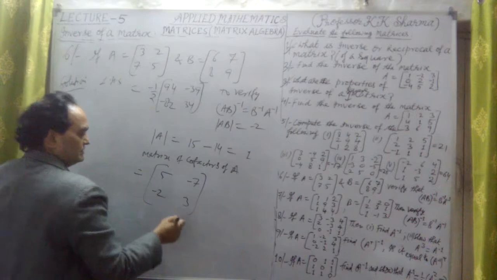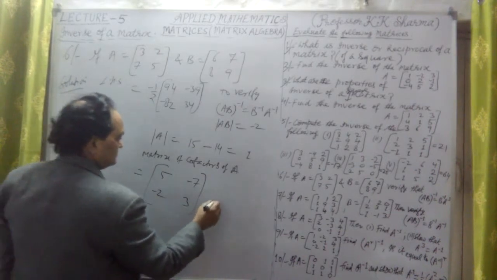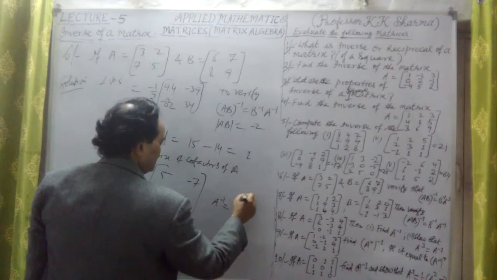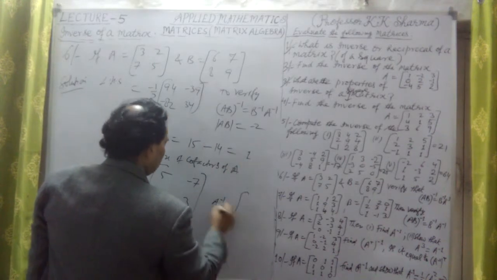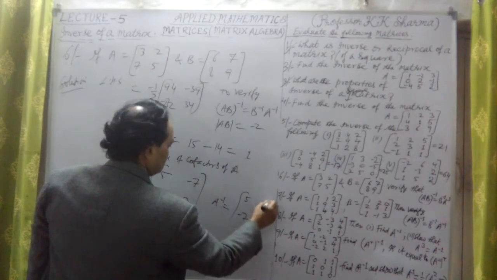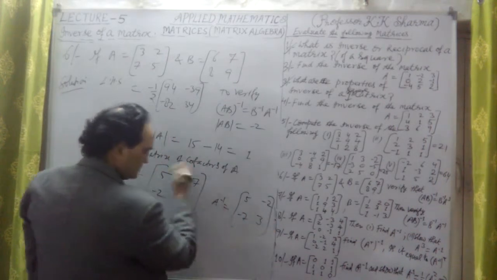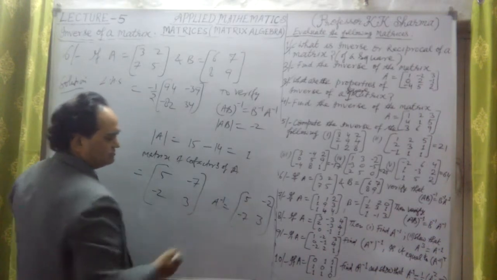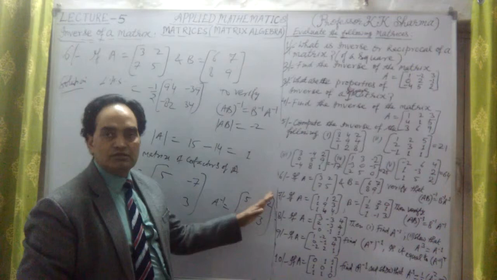This is the cofactors matrix. Therefore, for A inverse, transposing this gives the adjoint of A, divided by 1, so the values are 5, minus 7, minus 2 and 3. Just transposing this. A inverse is the same value here.